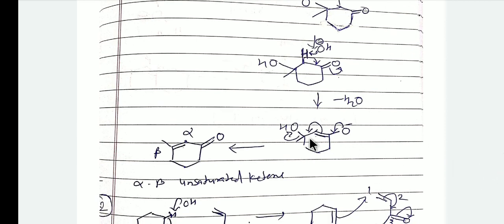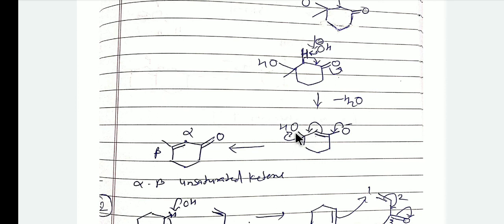In the next step, due to resonance, the electron is displaced between this oxygen and this carbon atom, so this double bond C=O is formed, and the pi bond electron is displaced towards this carbon atom, and this carbon atom becomes negatively charged.